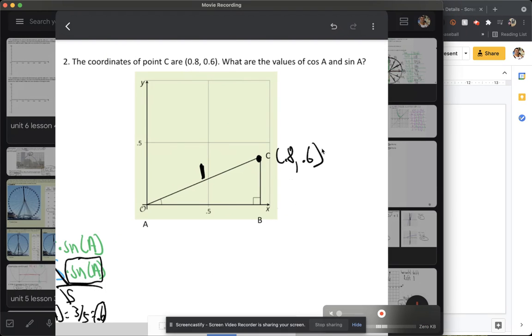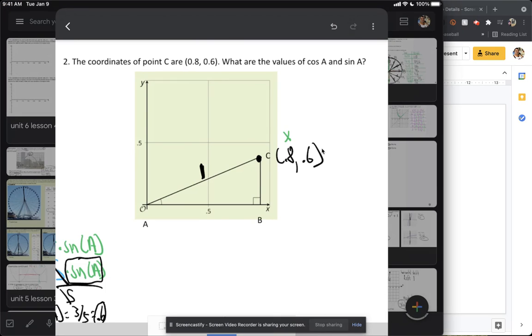So I know that 0.8 is my x value and 0.6 is my y value. So this distance right here is going to be 0.8, and this distance is going to be 0.6. Okay. Remember, x is horizontal, y is vertical distance. Okay.